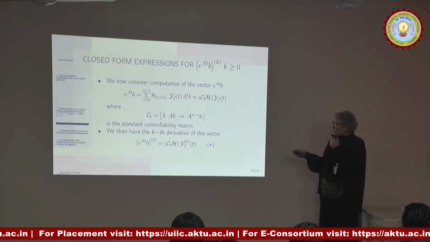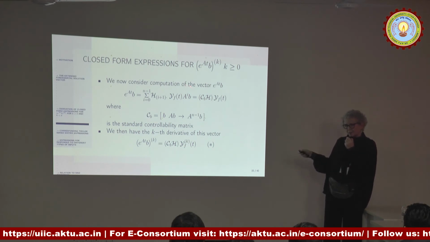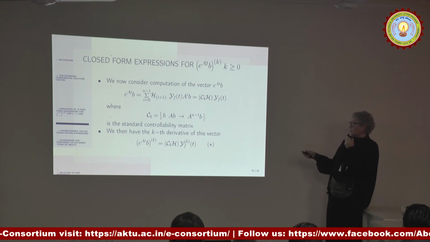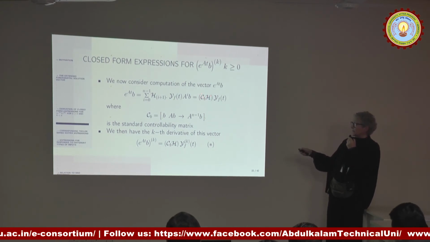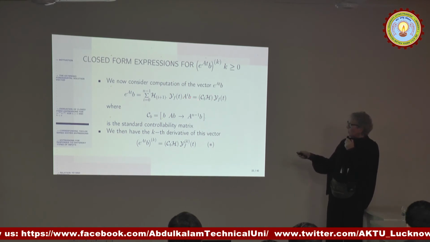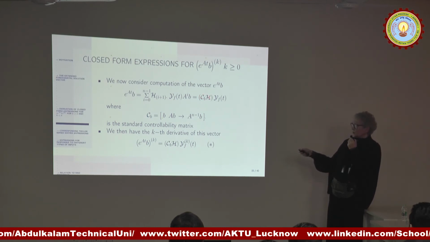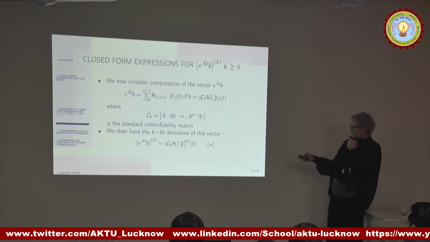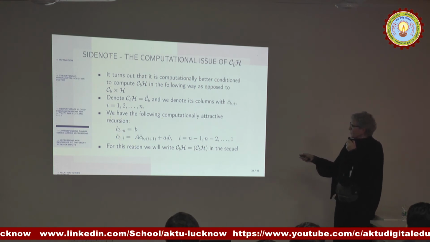Okay, there's a reason why I put a parenthesis on these two matrices, and it turns out that numerically it's better to multiply them together and work with that in a particular algorithm, as opposed to doing the controllability matrix times the Hankel matrix. So I'll show you the algorithm. It's very simple. So this is a side note.